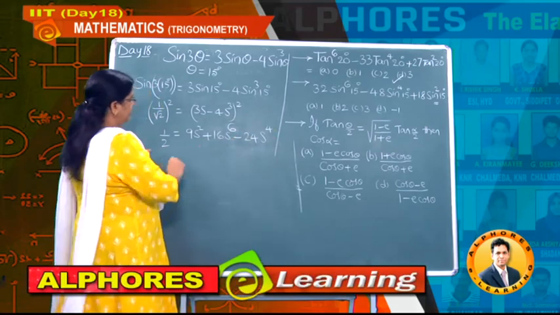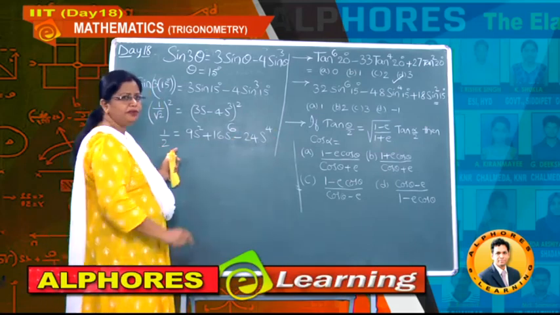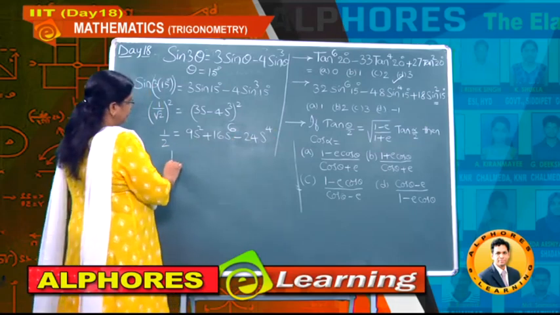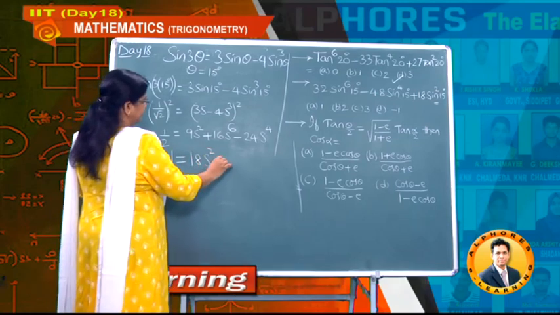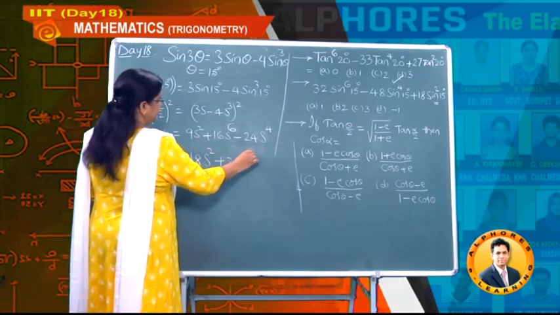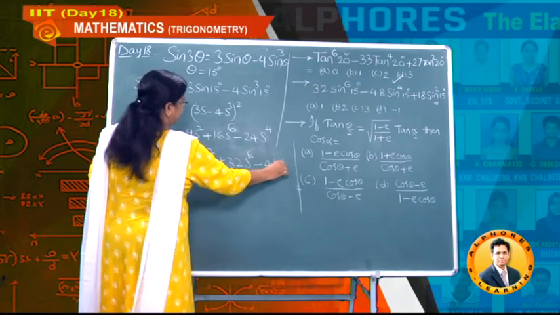Okay. Now let us write here all the values on one side, or else just let us do here 2 as cross multiplication. Then this is equal to 1 is 18 times sine square, and plus this is 32 into sine to the power of 6 minus 48 into sine to the power of 4.